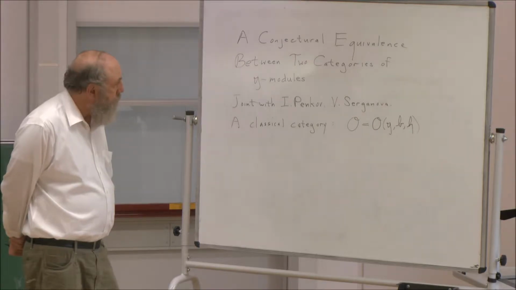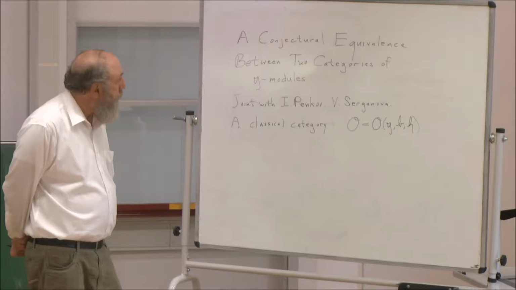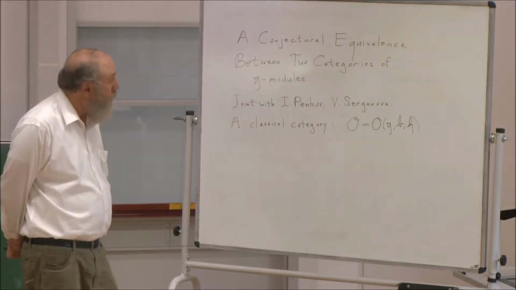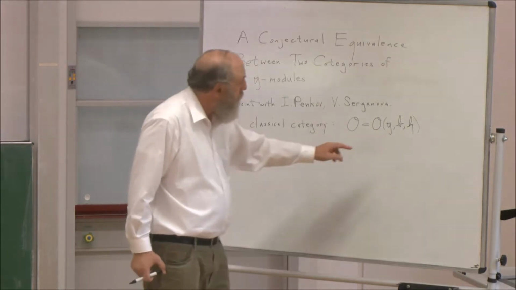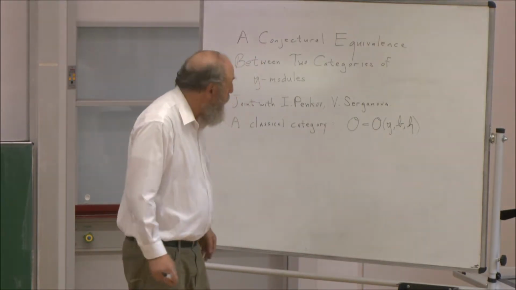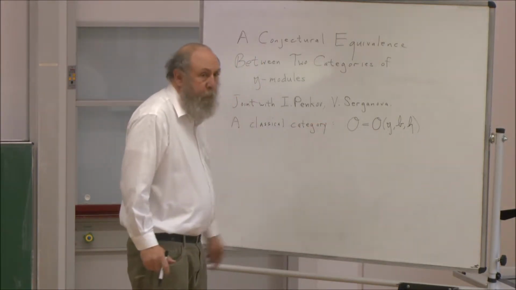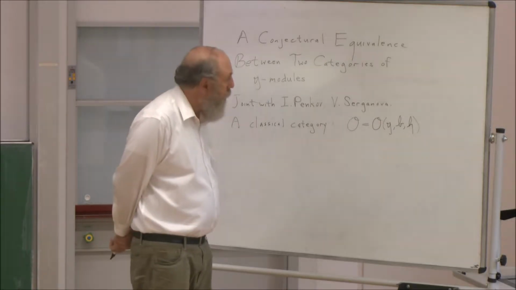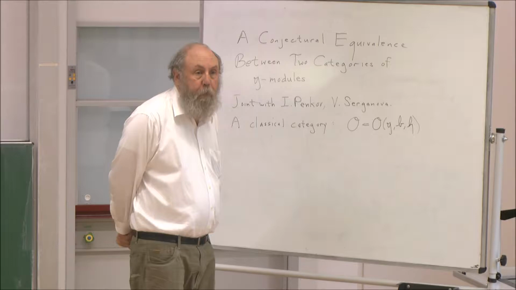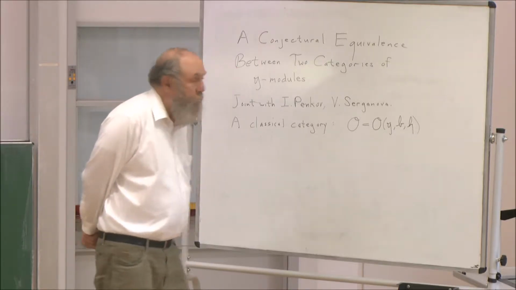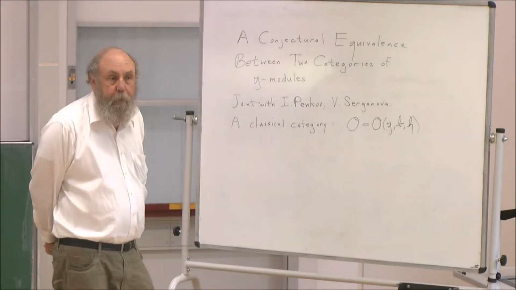Probably most of you know, but I'll say very quickly, so that we're all on the same page, that you want your G modules to be finitely generated over the enveloping algebra. You want every vector to generate a finite dimensional B submodule. And you want H to act semi-simply.